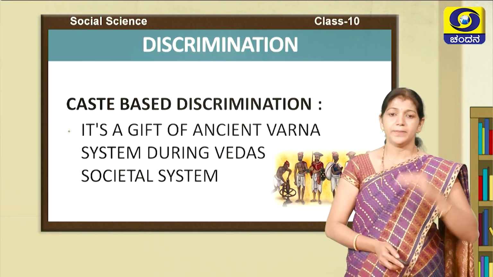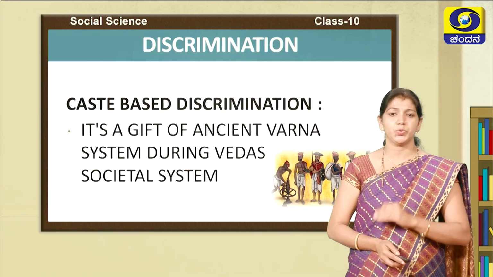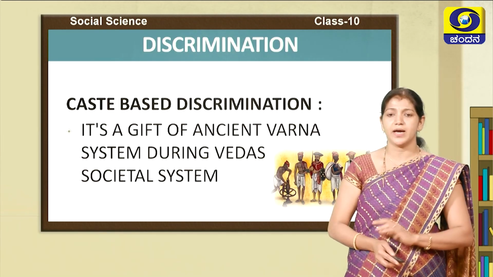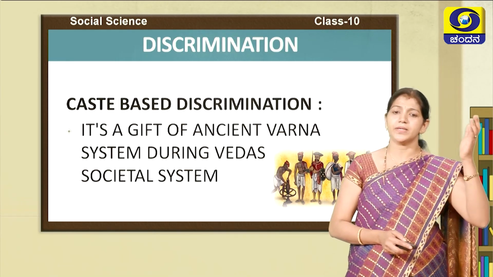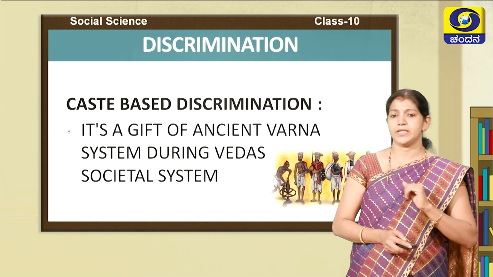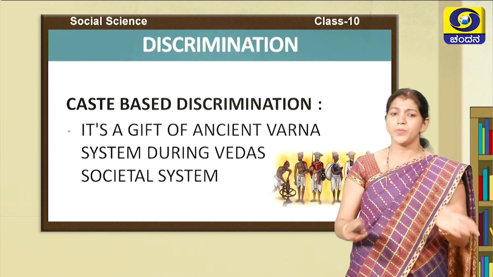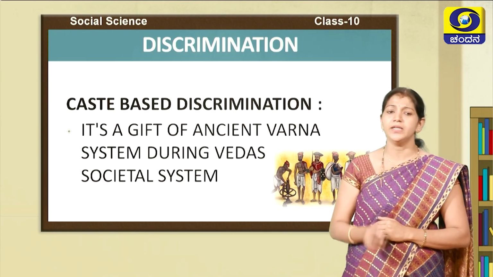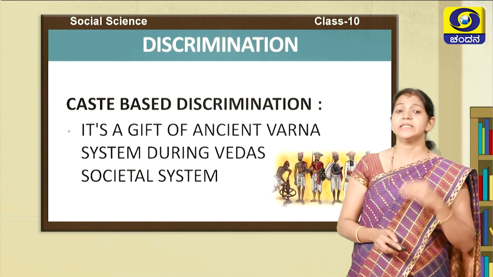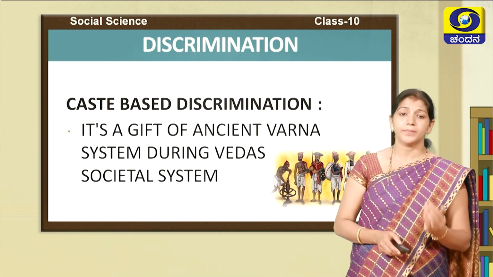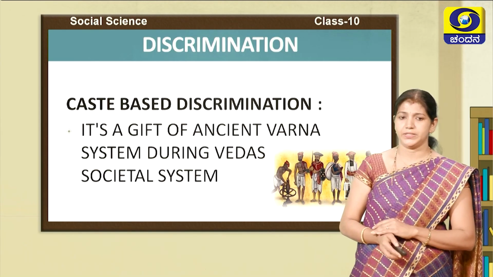First of all, Brahmana, Kshatriya, Vaishya, Shudras. These are the four classes introduced in the Varna system. Later it became upper classes and lower classes, and rich and poor. This type of discrimination started in society. So the ancient Varna system is the base of caste based discrimination.